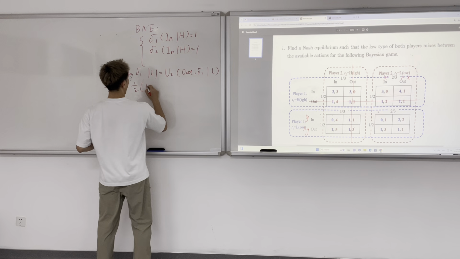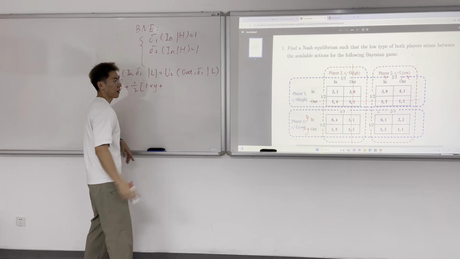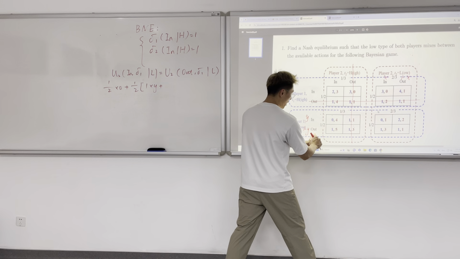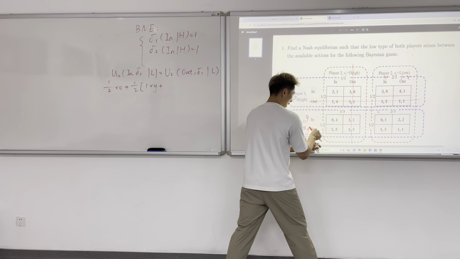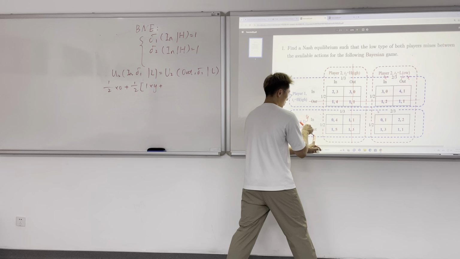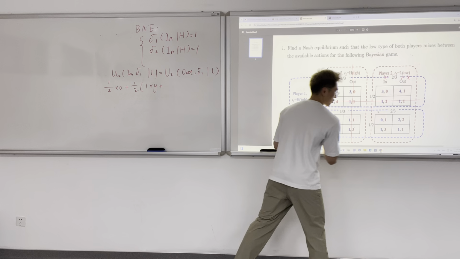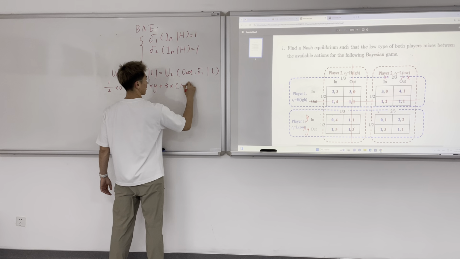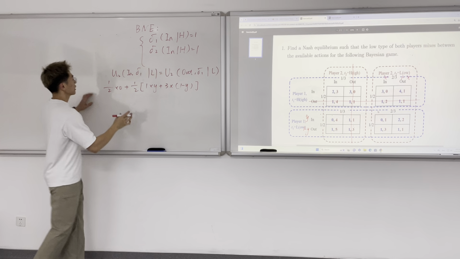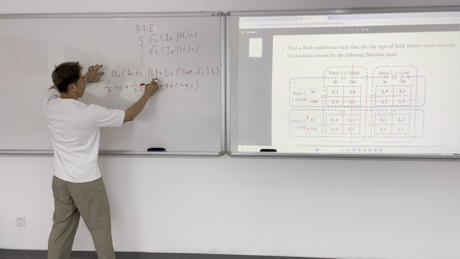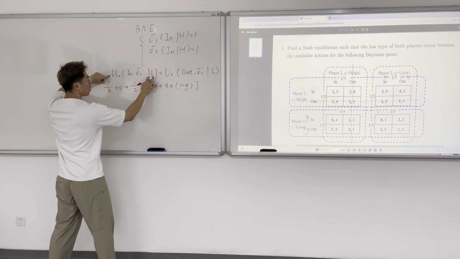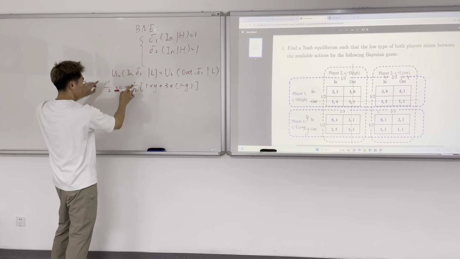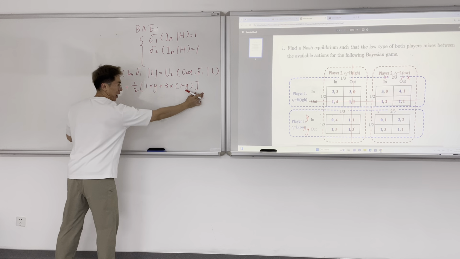So this is 1 times y plus what? The payoff in the condition that the opponent plays out is 1 minus y. And this gives him a payoff of 3 times 1 minus y, right? So this is the left part for low type player 2 that is actually playing in, gives him this payoff.